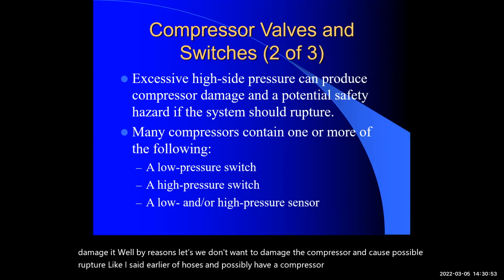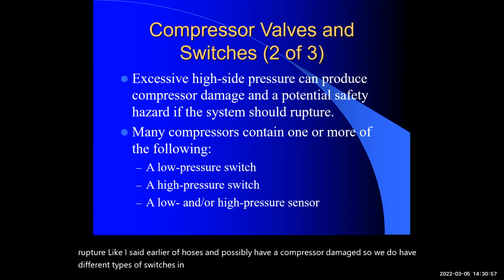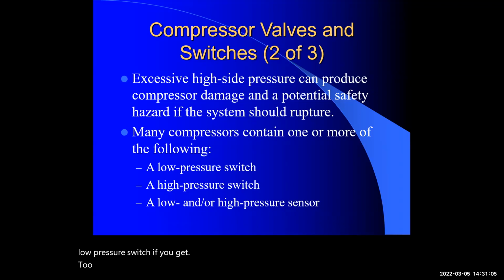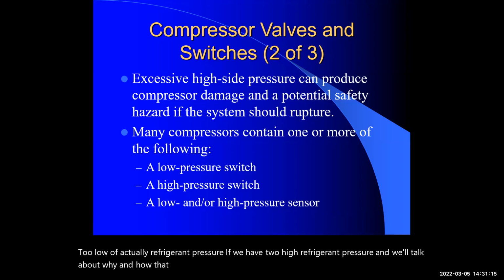So we do have different types of switches, and depending on the system you have, we could have a low pressure switch if you get too low refrigerant pressure, or if we have too high refrigerant pressure, and we'll talk about why and how that happens. So depending on the system, you may have multiple switches, is what I'm trying to say.